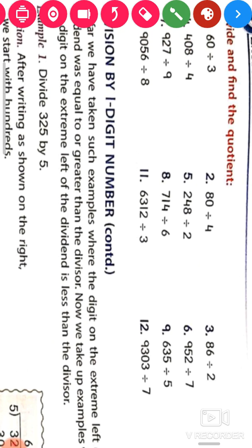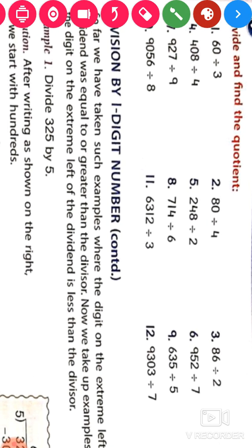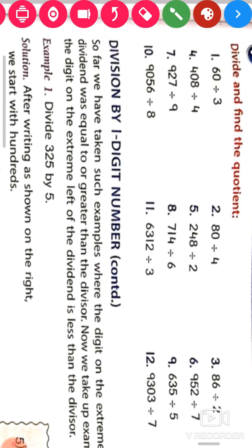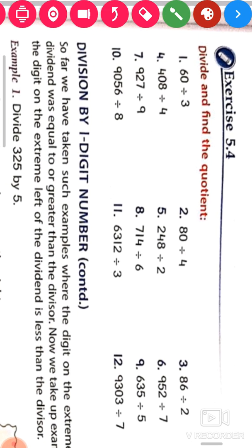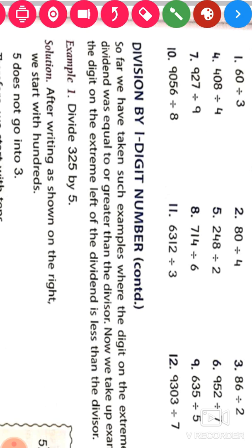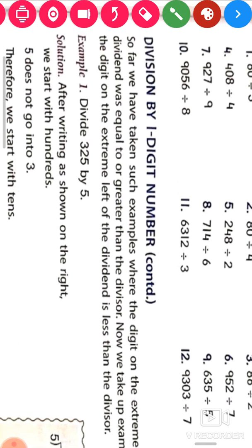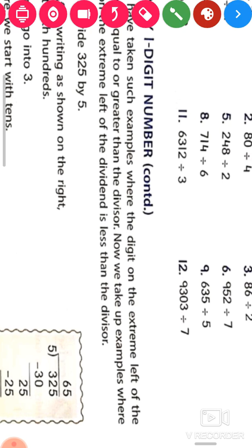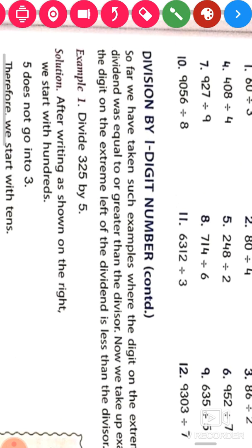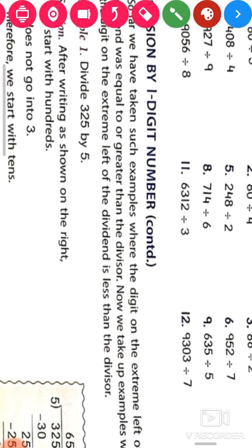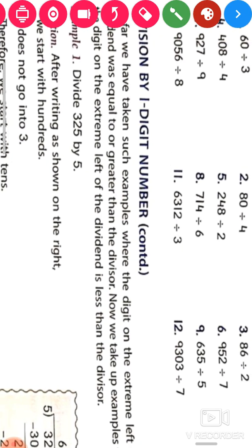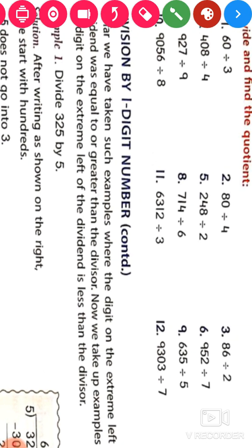Now let us do some selective question. Now we will do question number 6.